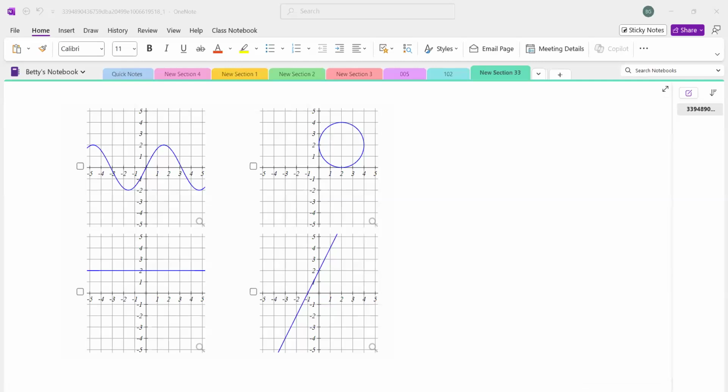Okay, this one. All right. So let me show you how we apply vertical line test.